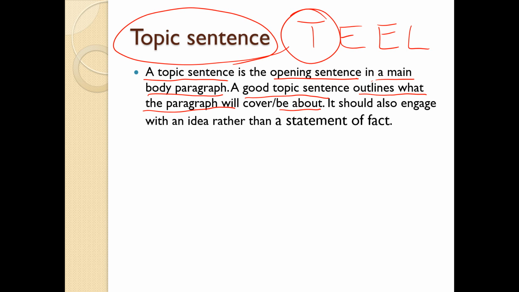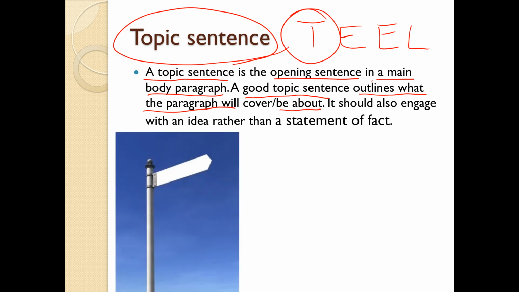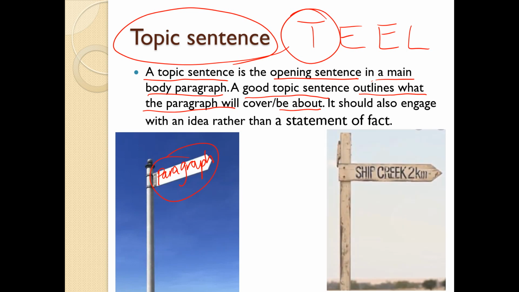You would never say, in this paragraph I'm going to tell you. Never say that. It should engage your reader with an idea rather than a statement. Basically, a topic sentence is the signpost. It points the direction for the paragraph. When I read the topic sentence, I should know what the whole paragraph is going to be about. If you don't write a strong topic sentence, you may well be looking for Amy.